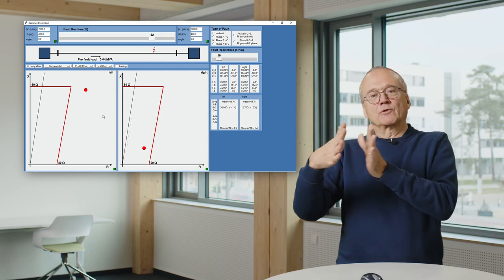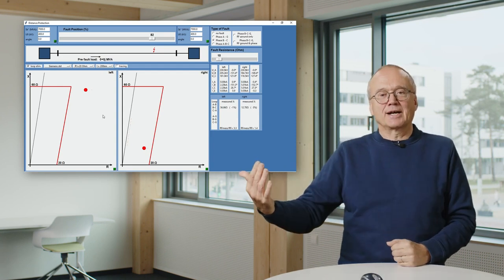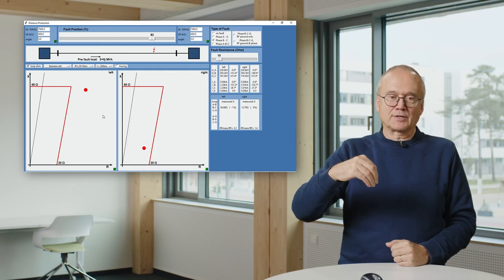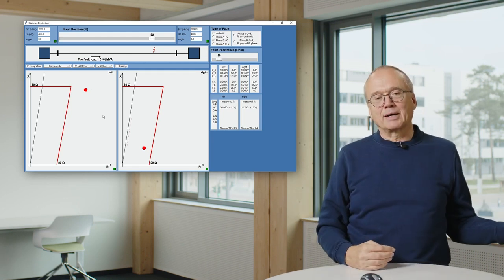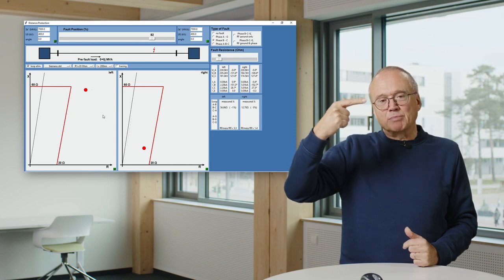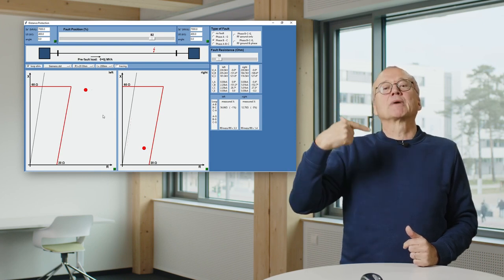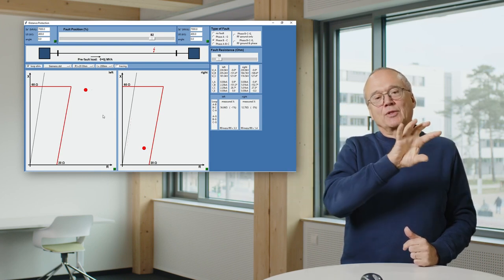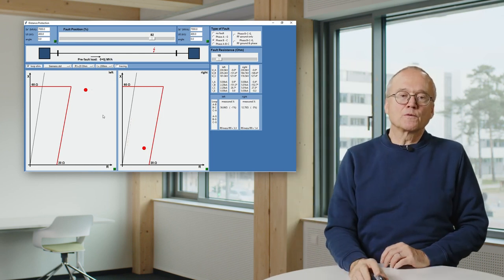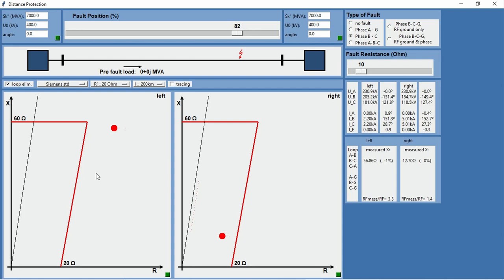The fault is very close to the right side. That means the majority of the fault current comes from the right side. Only a smaller part comes from the left side. That means the ratio IB over IA becomes much bigger than 1. And that is why the measurement of the left relay moves faster to the right than the measurement of the relay on the right side.